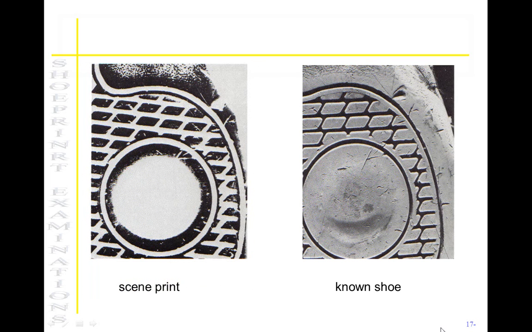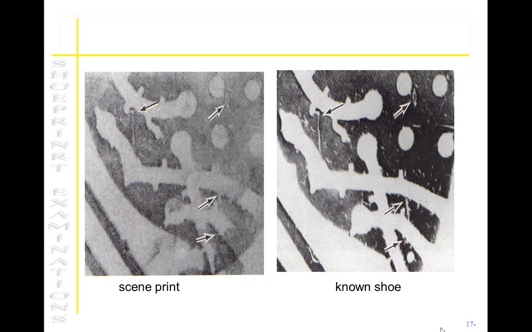So you can see some of the individual characteristics are going to be very minor, but you are able to do the comparisons between prints from a scene and back to a known shoe. And again, another example with arrows pointing specifically to some of the identifying characteristics.